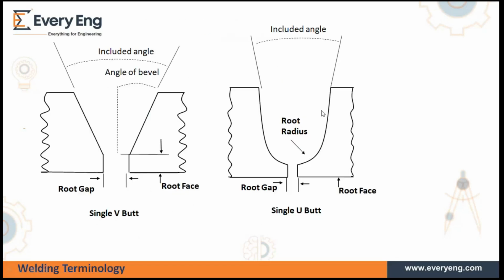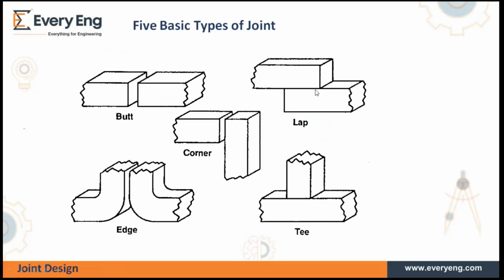In the lap joint, one metal is overlapping another, so that type of joint is named a lap joint. Then there is a corner joint, where the corners of two metals are brought together and joined.